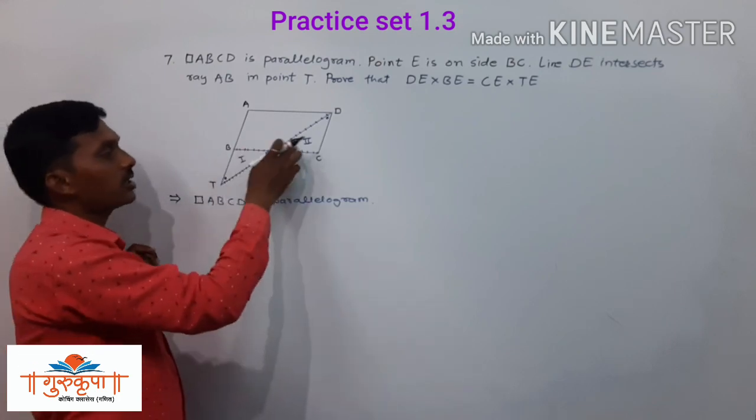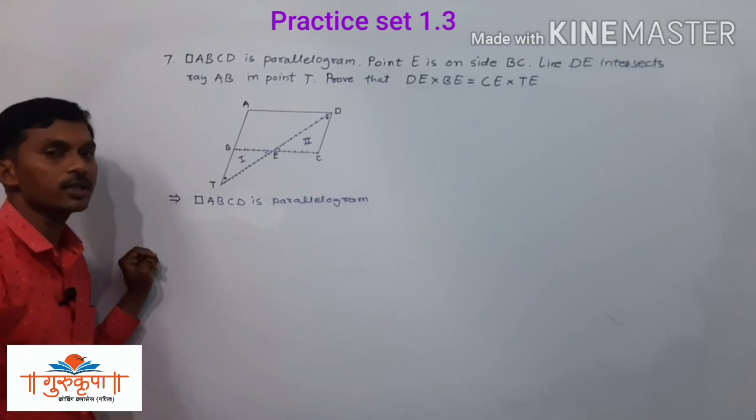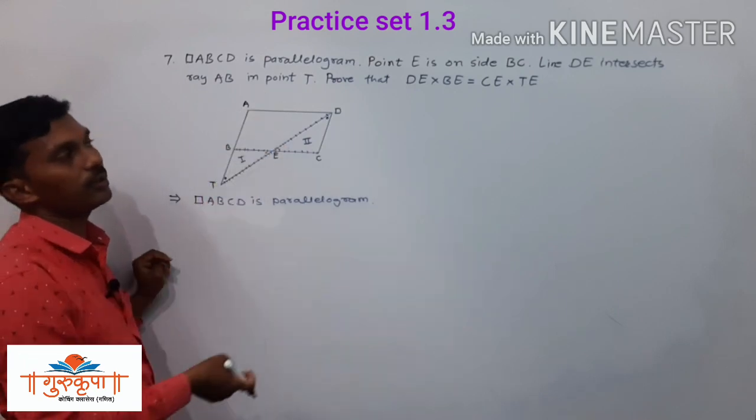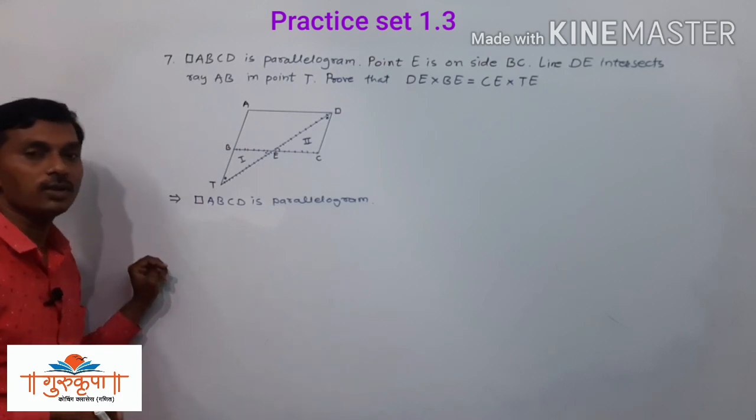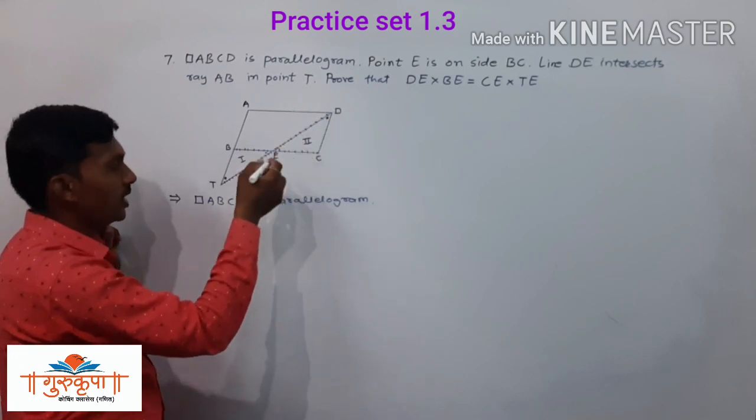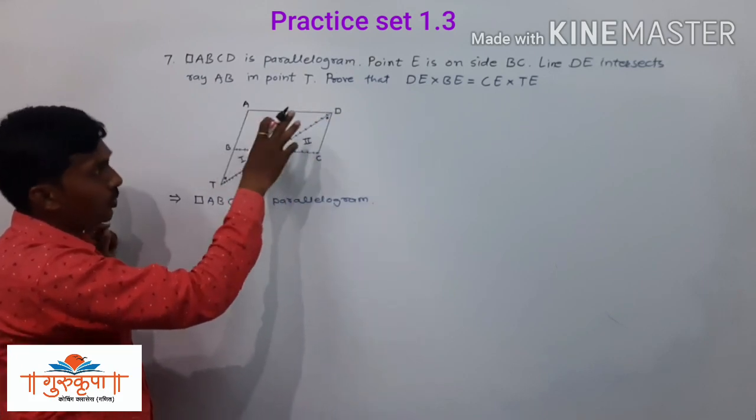Now these two triangles are similar to each other by AA test, and now we can put their corresponding sides in proportion and we will prove that DE into BE is equal to CE into TE. So here we can write both the opposite sides parallel.